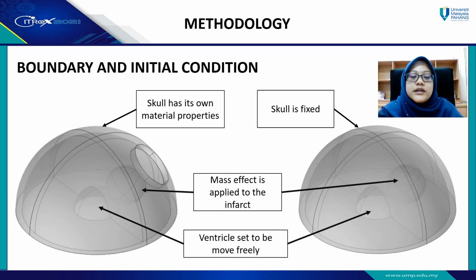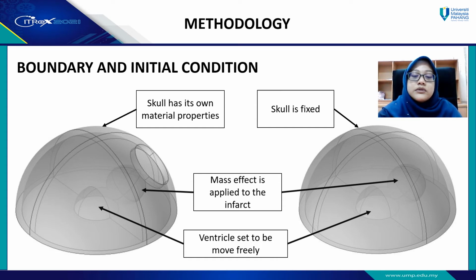In order to simulate brain tissue swelling without decompressive craniectomy, the skull geometry is removed and the skull is represented by rigid wall boundary conditions, while for brain tissue swelling with decompressive craniectomy, the skull geometry is given material properties represented by Young's modulus and Poisson's ratio. In both cases, the mass effect is applied to the infarct, while the ventricle is allowed to move freely.